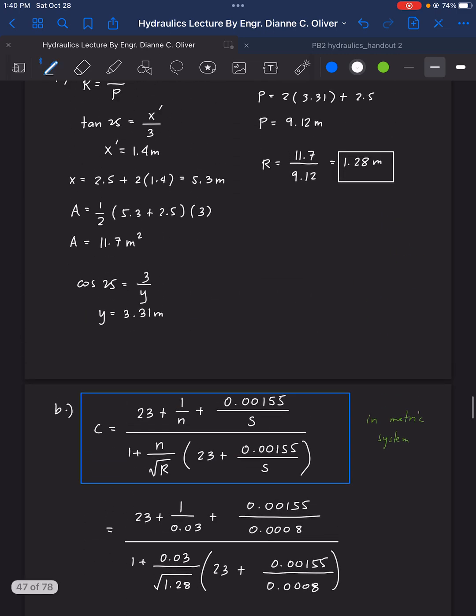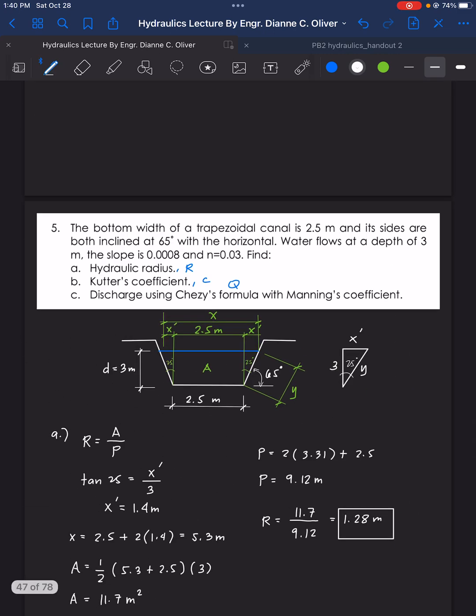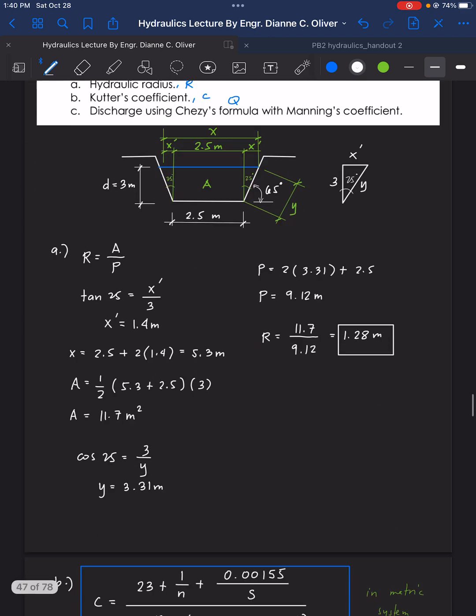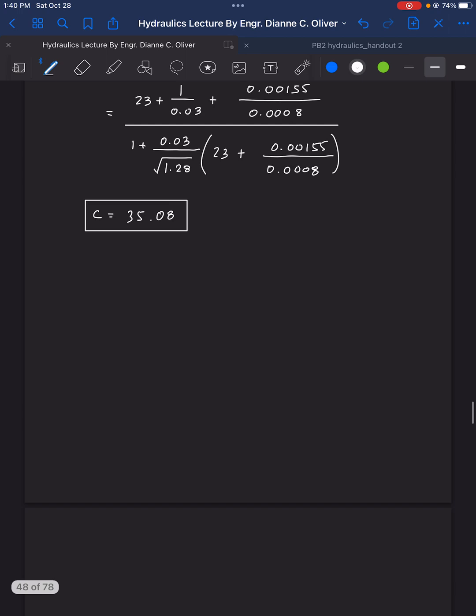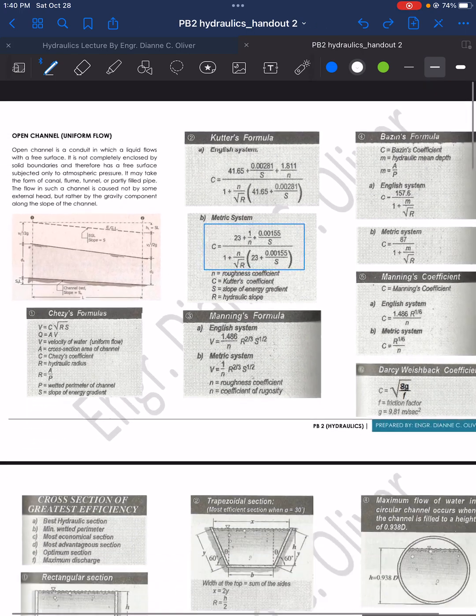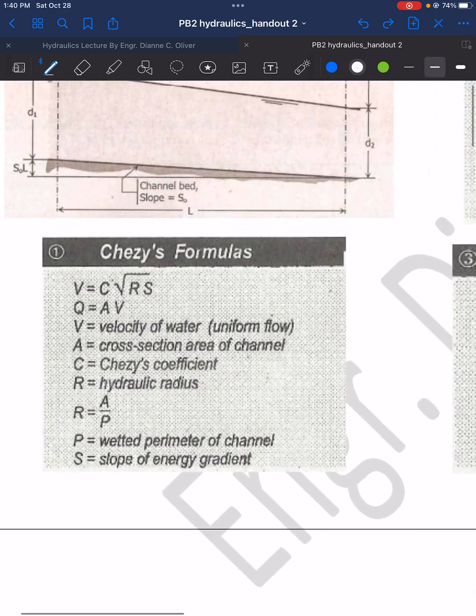Now for letter C, find the discharge using Chezy's formula with Manning's coefficient. So for letter C, we're going to use Chezy's formula. V, or velocity, is equal to C square root of RS, where R is the hydraulic radius and S is the slope of the energy gradient.